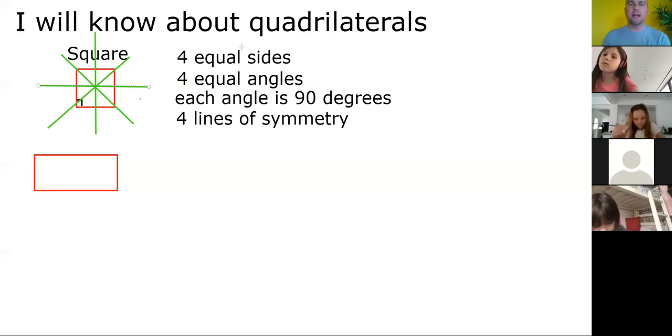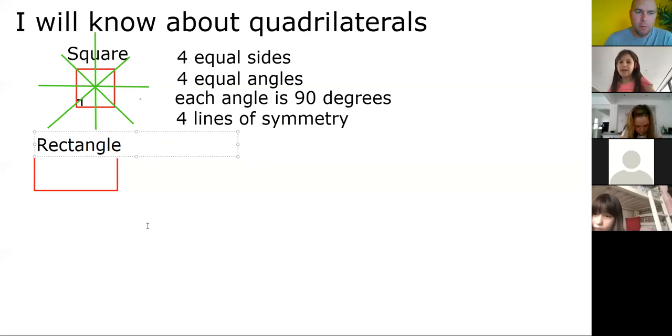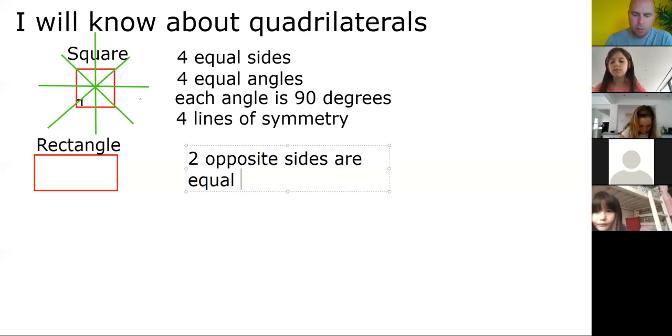Okay, rectangle. What do you know about rectangles? They have 2 pairs of equal sides. Yes, they do. They have 2 opposite sides equal in length.